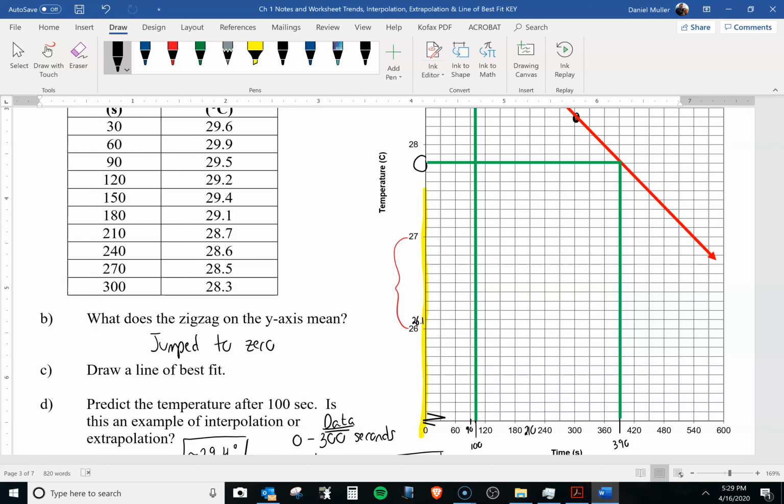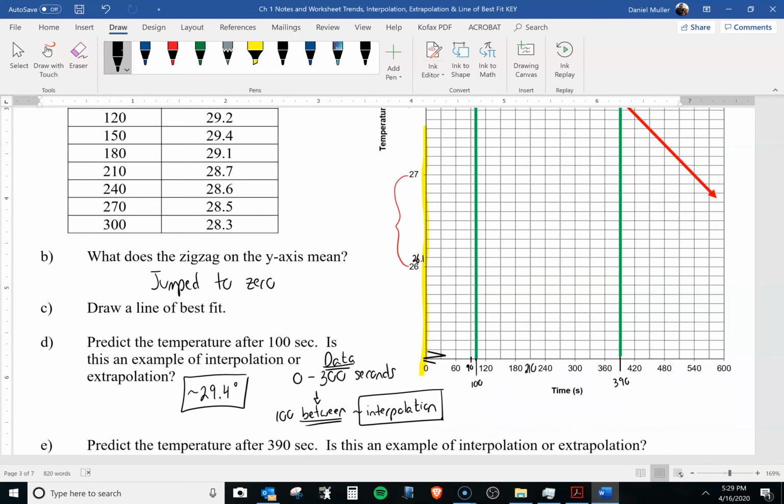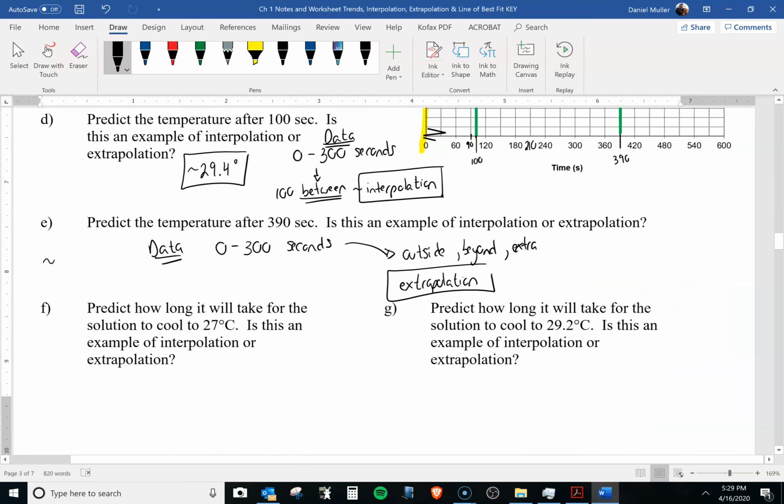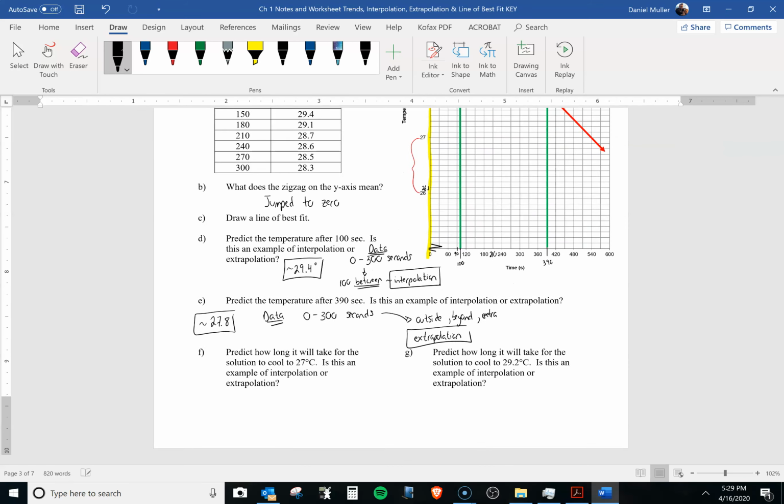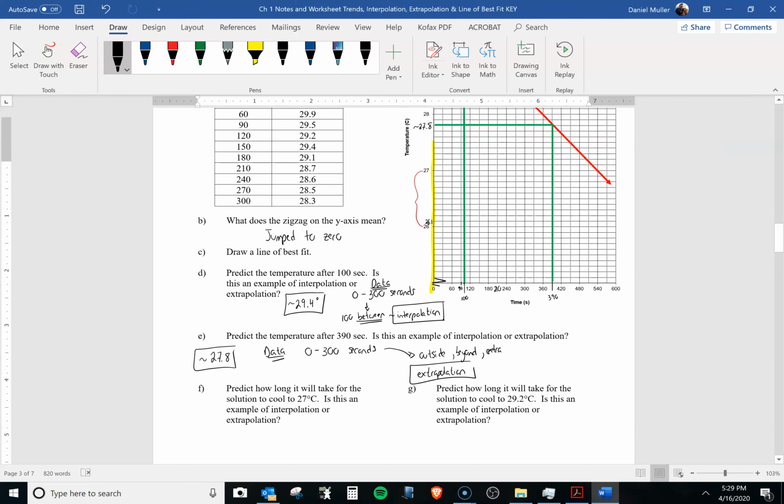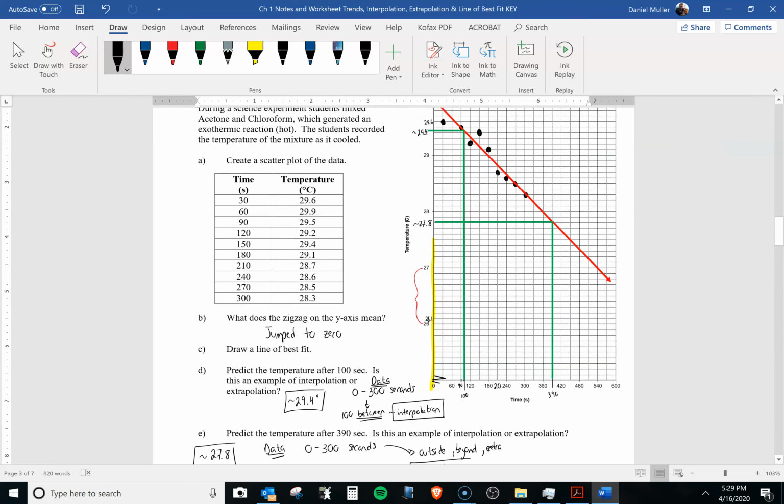Down below would be 27.9, and then down below would be 27.8, because it goes down by 0.1s. So we are predicting at 390 seconds, we're at 27.8. And if you take a look, if I zoom out enough, you can see that 390 seconds is past.